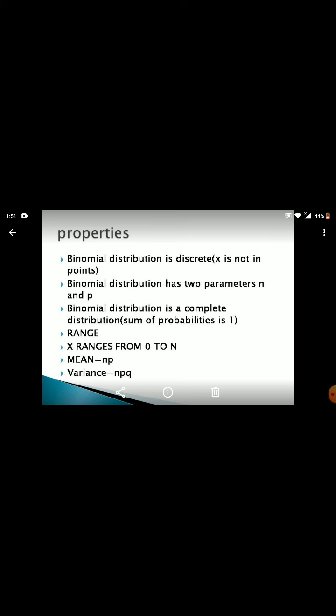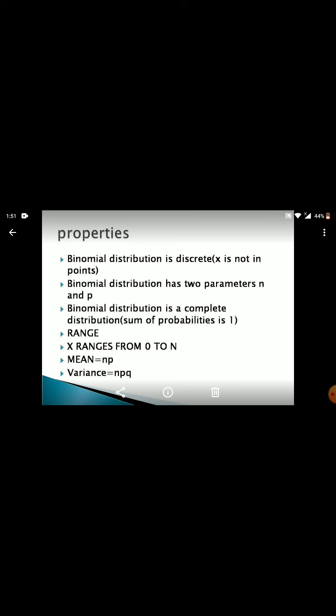This is very important, that you should know the basic properties of binomial distribution, because for question solving you should know what is the possibility of X, and what are the basic properties which you should remember before starting the questions. Binomial distribution is discrete.